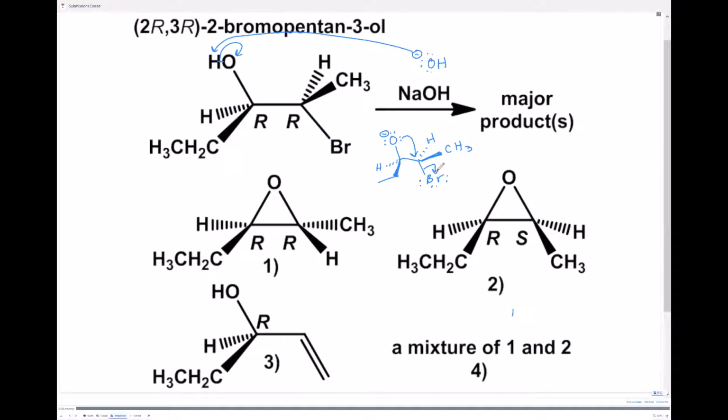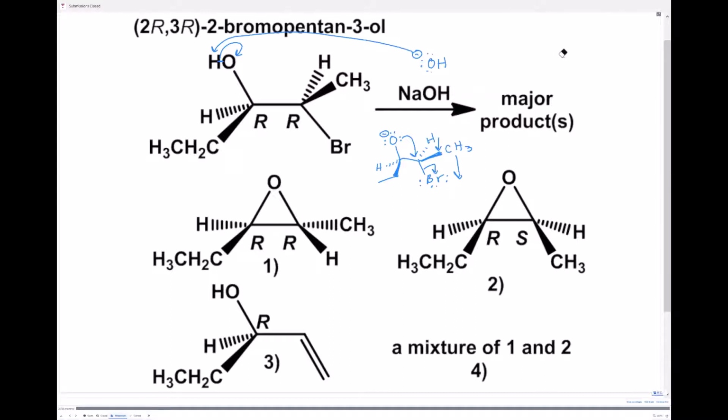So it's an inversion of the relative configuration. The oxygen is coming here and attacking from the back, pushing out bromine. When that happens, the methyl group and the hydrogen are going to get pushed down. So the methyl group is going to stay on a wedge, the hydrogen is going to stay on a dash, but they're going to end up getting pushed down. And that's how we end up creating number 2.